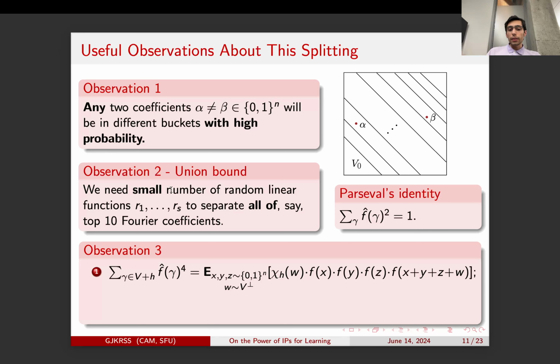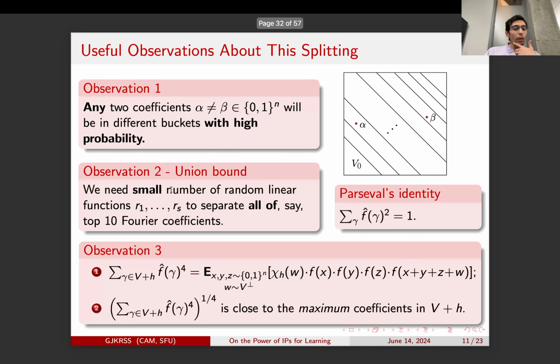This is useful because it gives us a way to estimate the left-hand side by evaluating the right-hand side many times, and by Chernoff bound, it will be a good estimate of the left-hand side. It turns out that the norm 4 of a given affine subspace will be very close to the maximum coefficient value in that affine subspace. So we have a way to estimate the maximum coefficient value in a given coset.